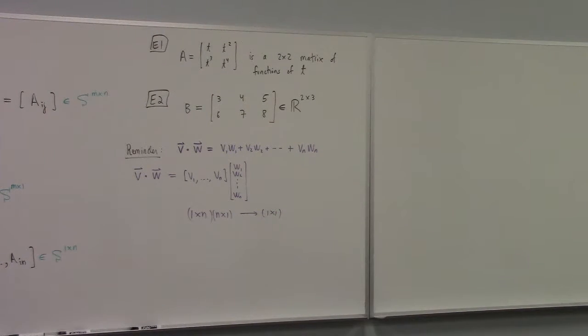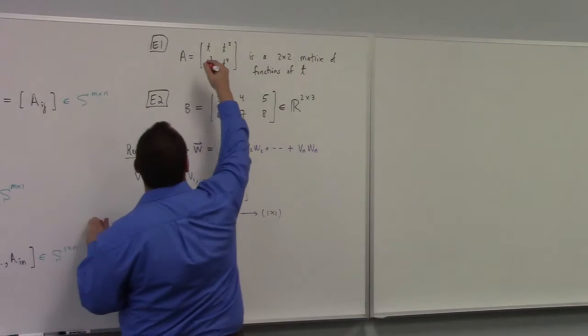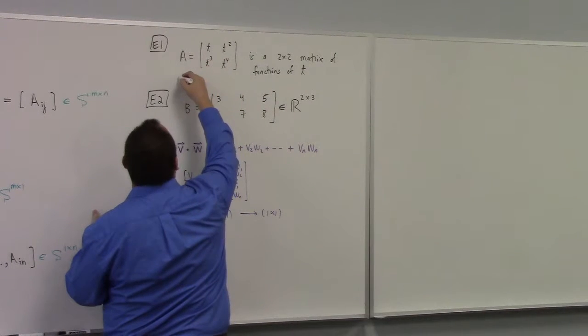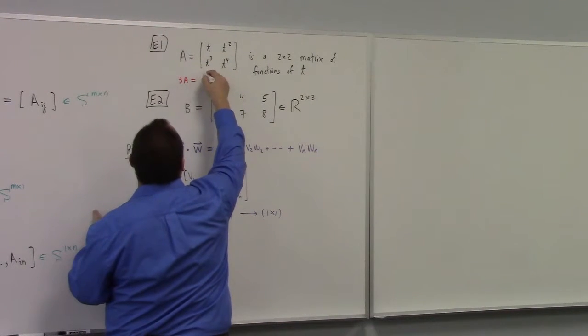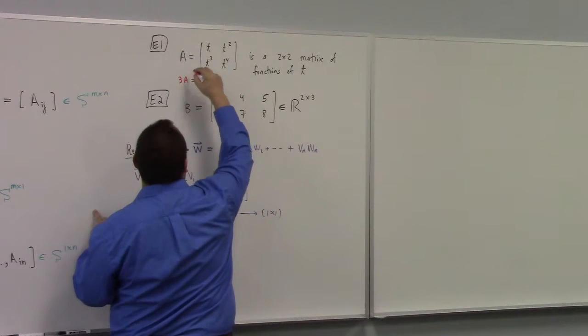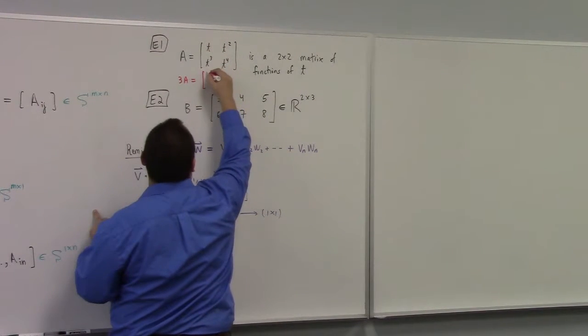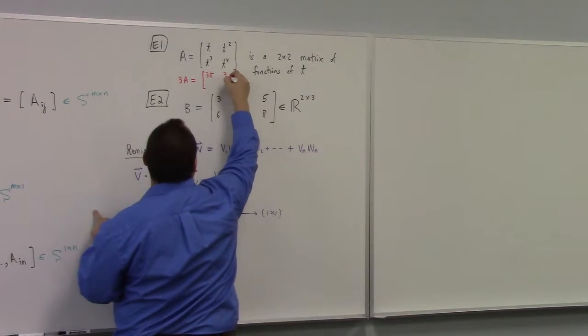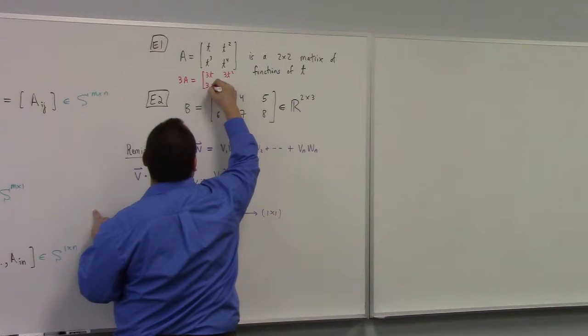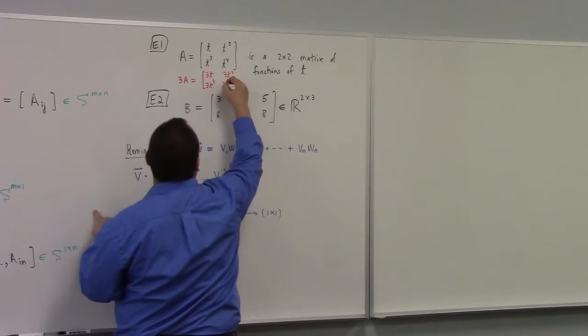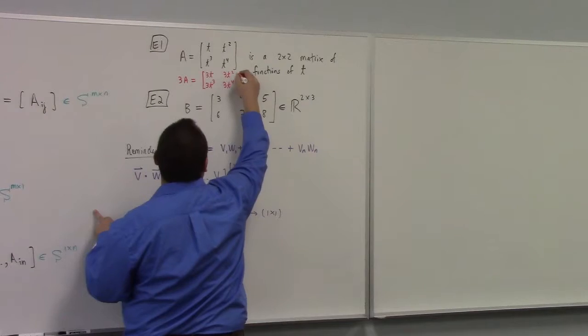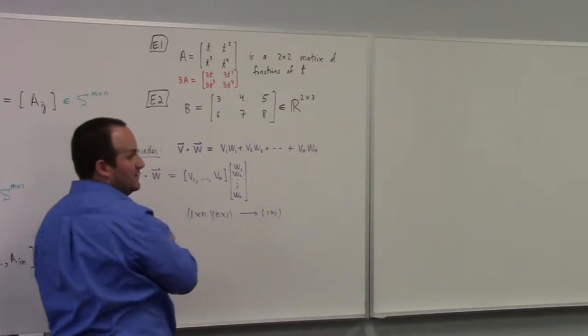Like if I did 3a, what would that be? The way it works is you multiply 3 on every component. That's the definition. So in order to factor a number out of the matrix, more interestingly, you need it on every single entry, otherwise you can't factor it out.